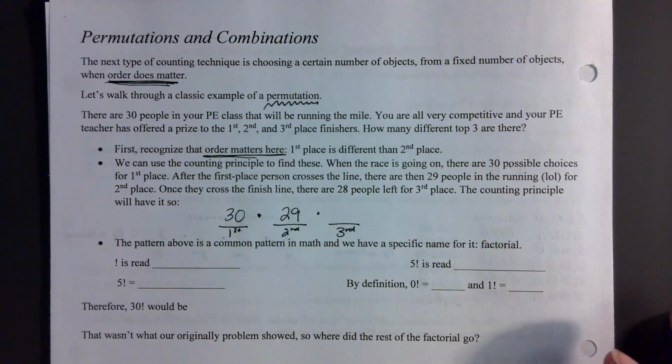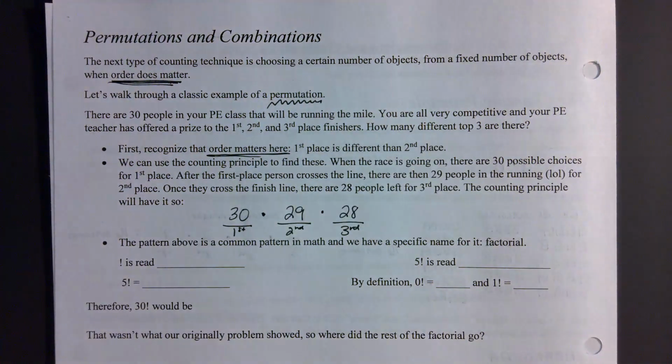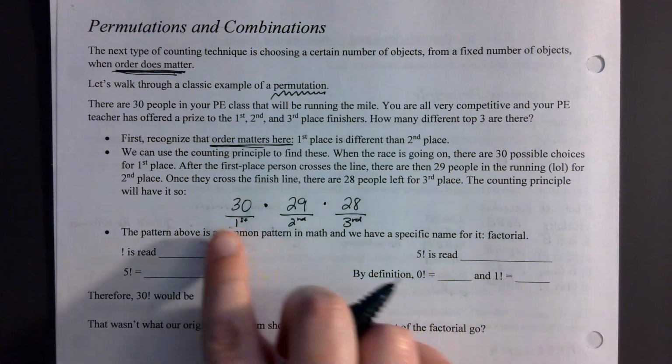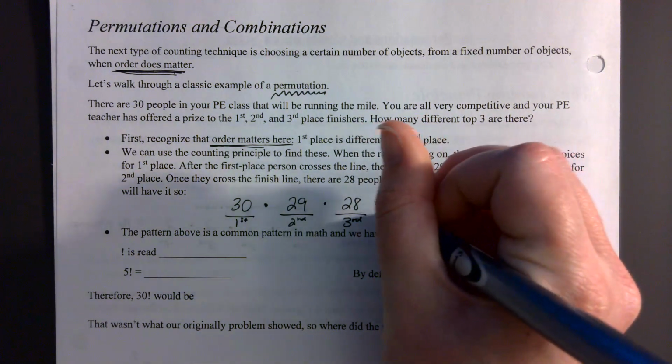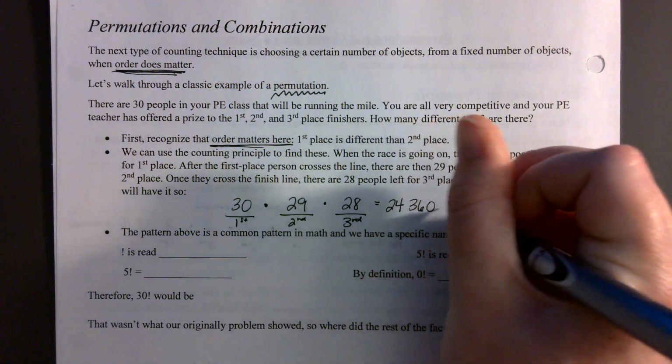Anyway, once that second person crosses the line, then we're only going to have 28 people left for the third place. So the counting principle says that we take 30 times 29 times 28, and we get 24,360 outcomes.